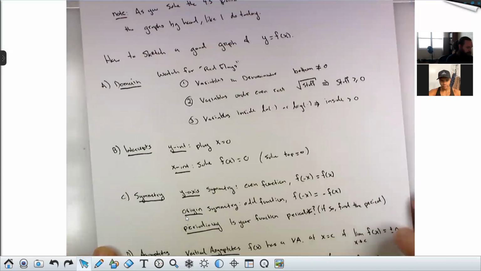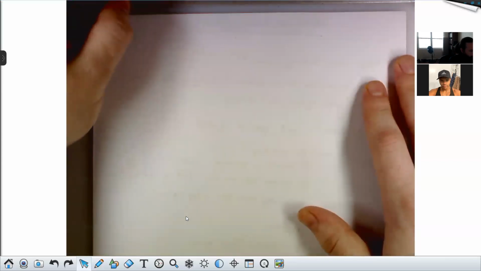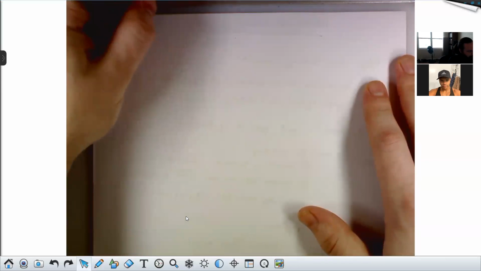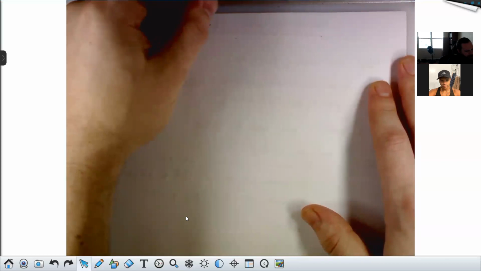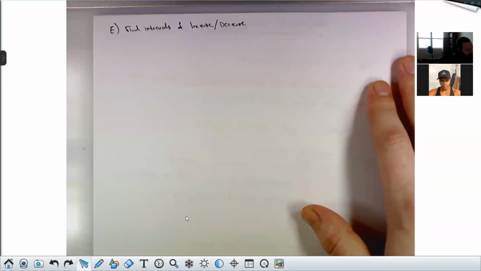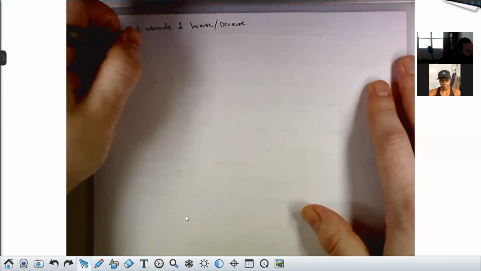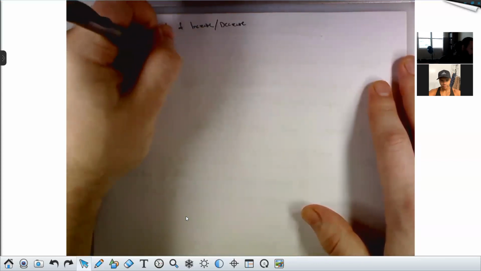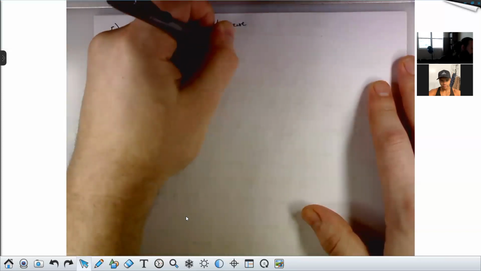So item E here is to find intervals of increase and decrease. And item F is to find any local mins or maxes.